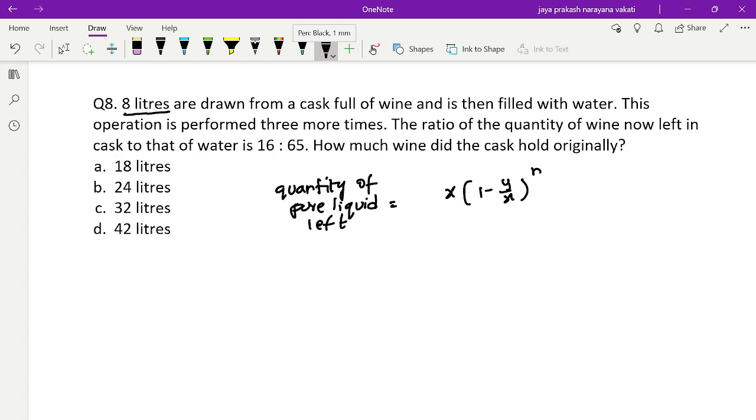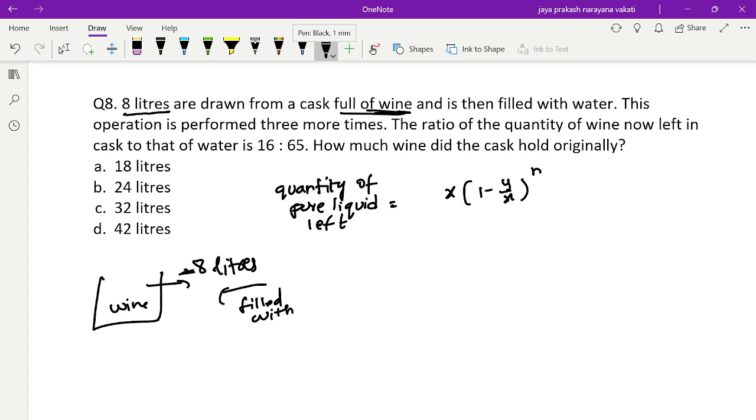Look here, guys. He's given that 8 liters are drawn from a cask full of wine. So there is a cask full of wine. He has drawn 8 liters and filled it with water. So he replaced it with water. This operation is performed 3 more times, which means a total of 4 times, so n equals 4.